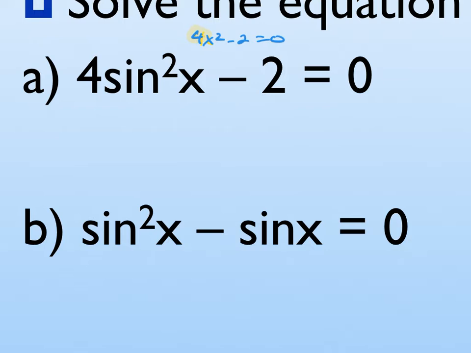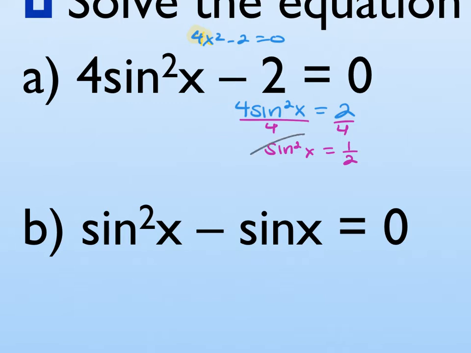Bring the 2 to the other side. Okay, add the 2. So I'm going to do the same thing. Add the 2. Then what? Divide by 4. And I get sine squared x equals 2 over 4, or 1/2. Then what?